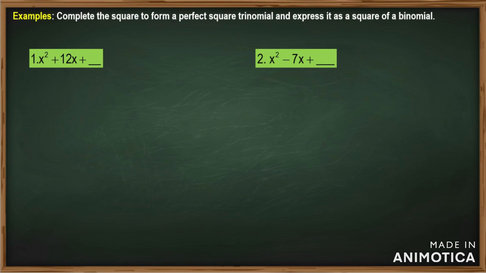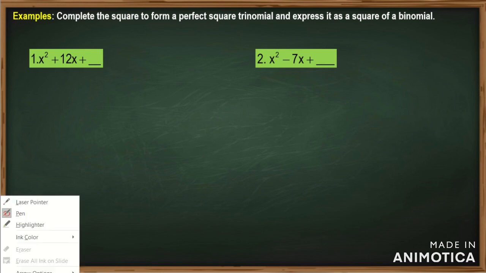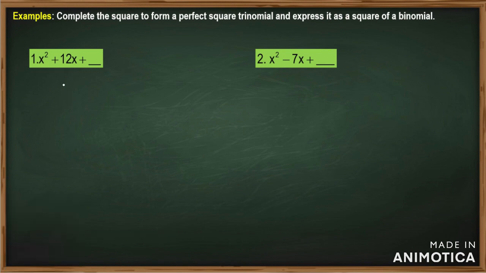So complete the square to form a perfect square trinomial and express it as a square of a binomial. Okay, so we have here x squared plus 12x plus, okay, our b is 12. So we're going to get the square of half of b, 12 over 2. So we have x squared plus 12x plus 12 divided by 2 is equal to 6.